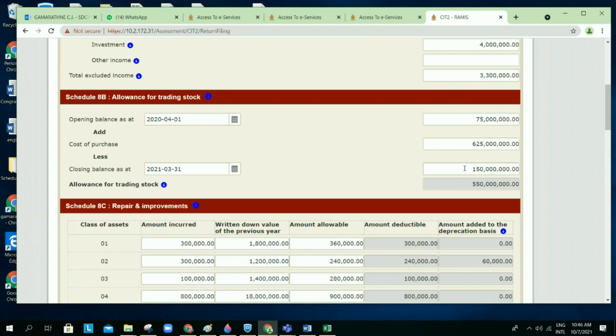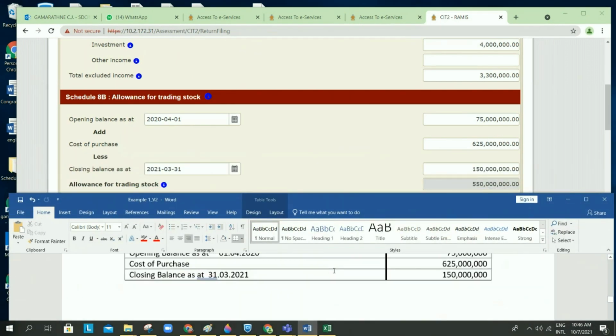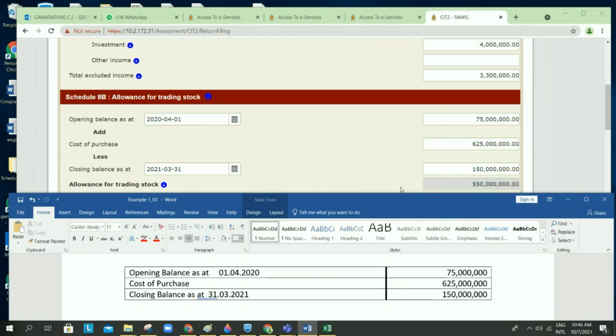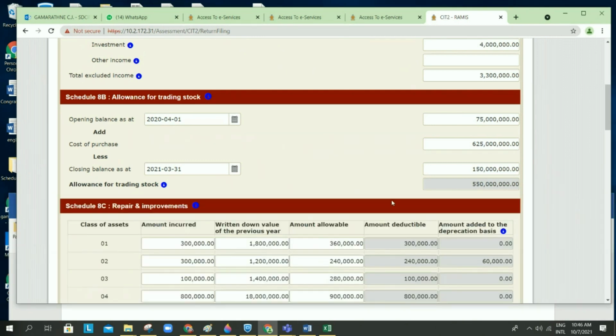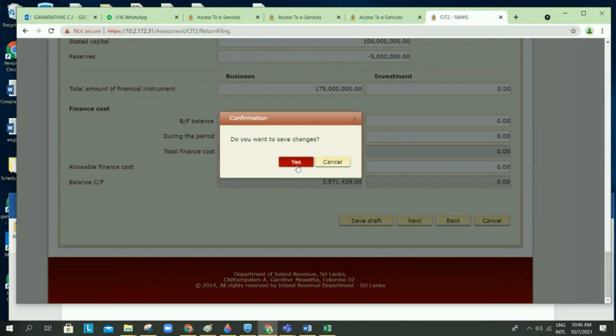Then we deduct 150 million related to the closing stock value, right? Then we arrive at 550 million as an allowance for trading stocks. Right? This is more or less similar to the cost of sales, but due to valuation issues, they have some deviations, right?